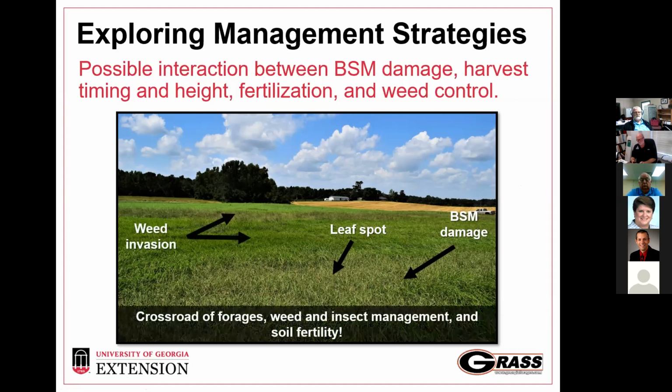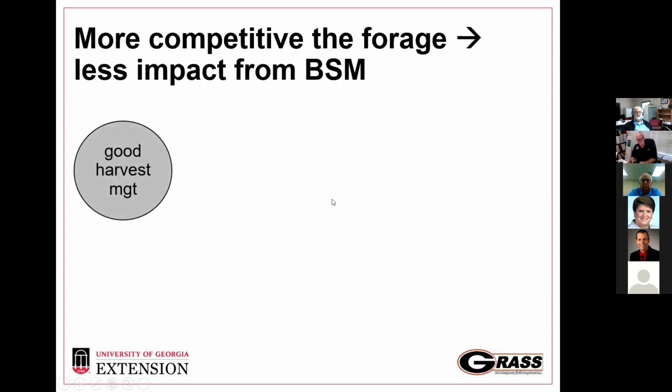So this is the crossroads, the nexus between forage production and control of forage pests. So the more competitive the forage is, the less impact from this particular pest.